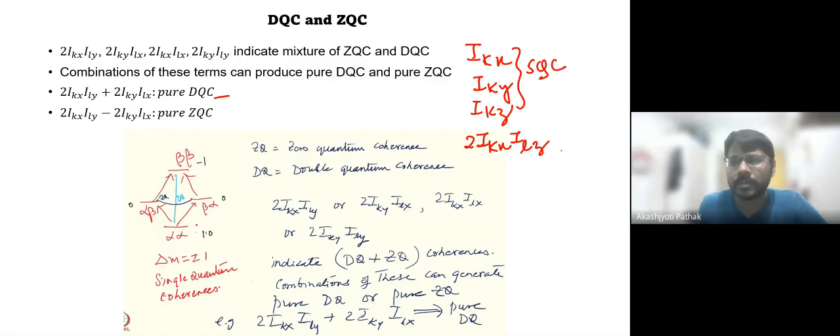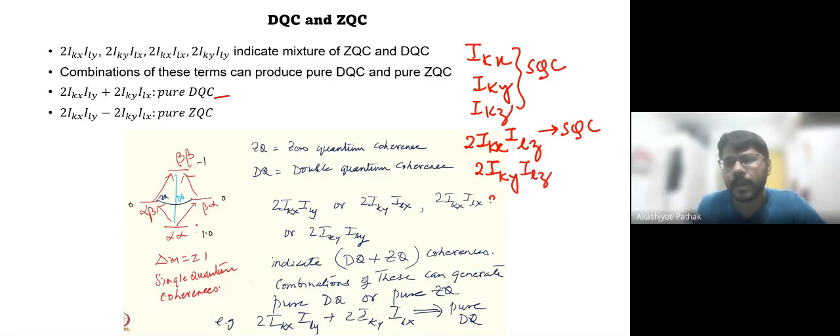Okay, I made a mistake while saying one thing. This 2IKX ILZ, and also 2IKY ILZ, or the terms that we discussed two slides before, 2ILX IKZ, these are your single quantum coherences.